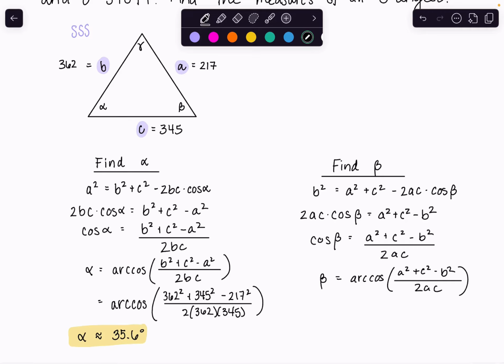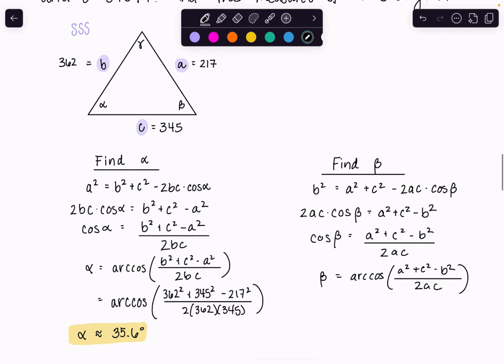So again, could have gotten that directly from here. Your B swaps to an A in both of those spots, and then A swaps to B, and this swaps to beta. So filling in those numbers, B is going to be our cosine, A is going to be 217, C is 345, and then B is 362.